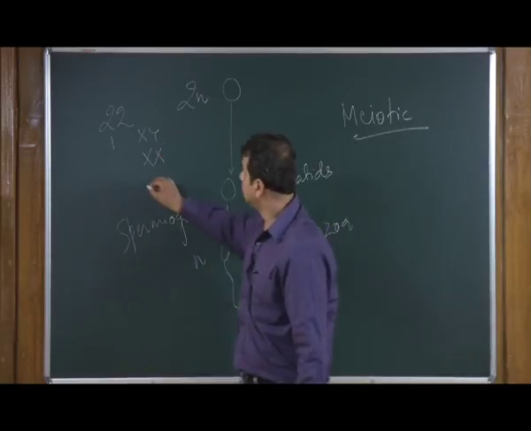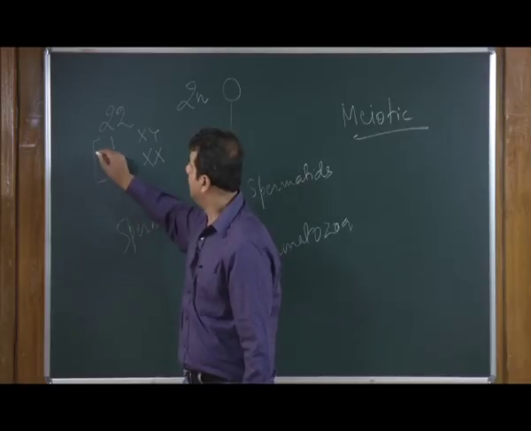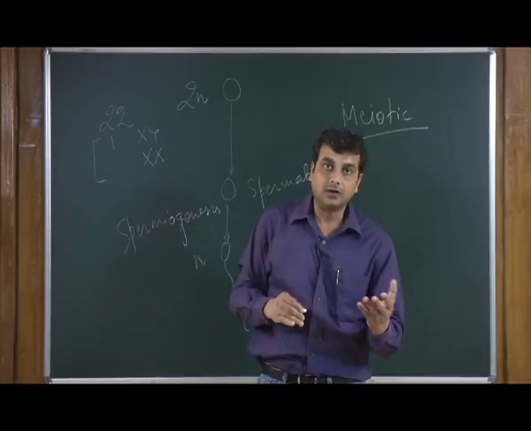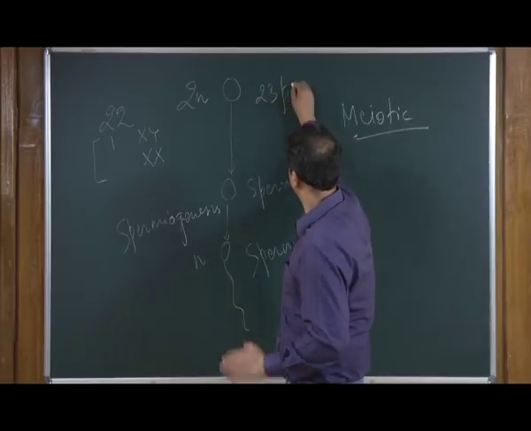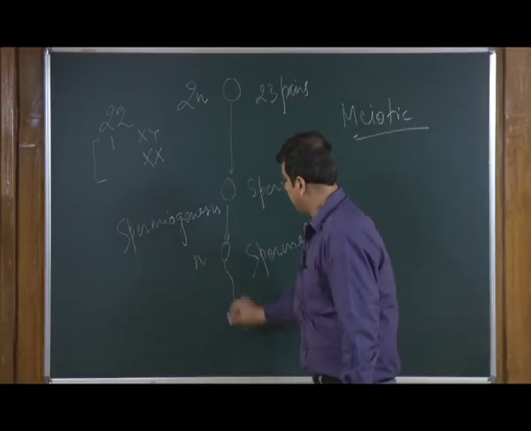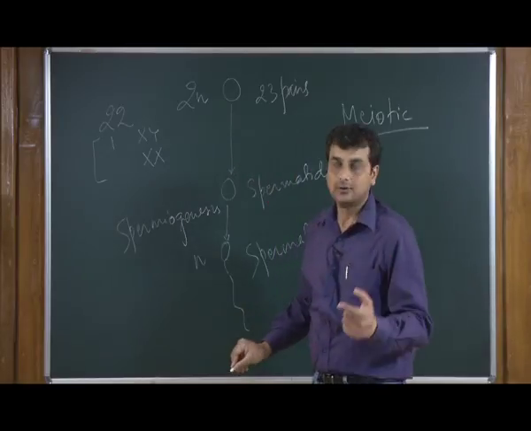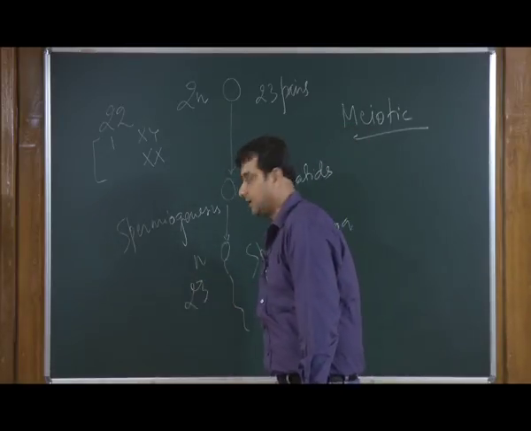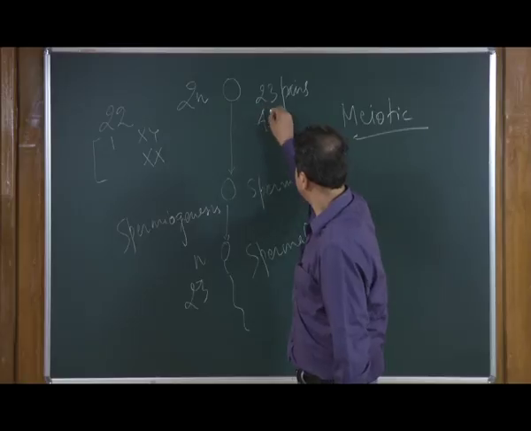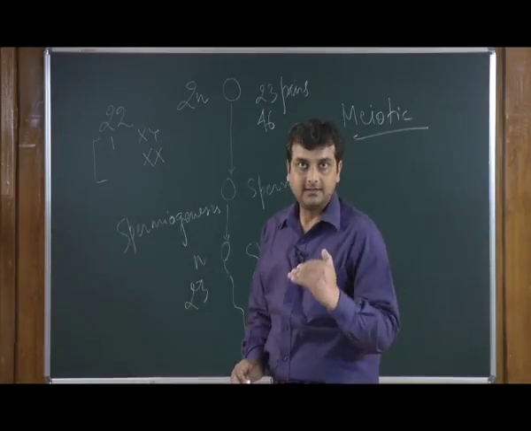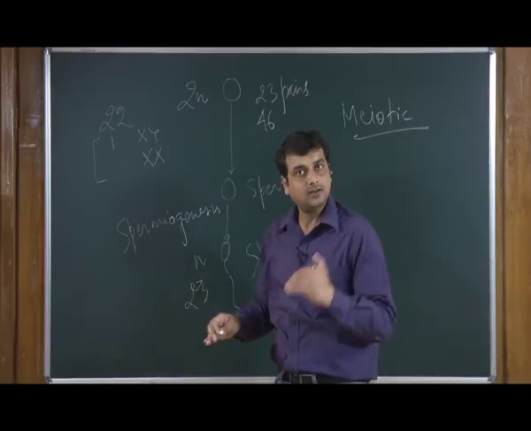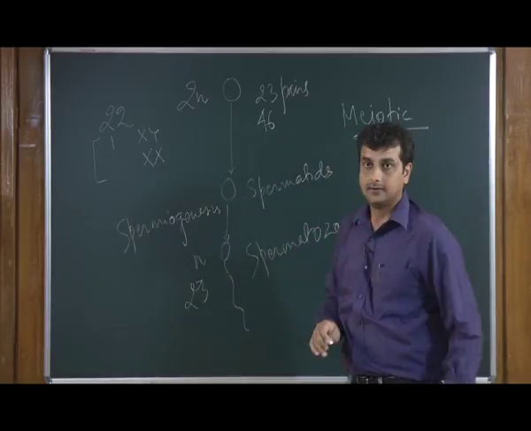This is what defines the sex of an individual. So we have 23 pairs of chromosomes here, and here we have only 23 chromosomes. In total we have 46 here, and here we have half. So there is a reduction, and that is why we call it a reductional division. In other words, it is called meiotic.